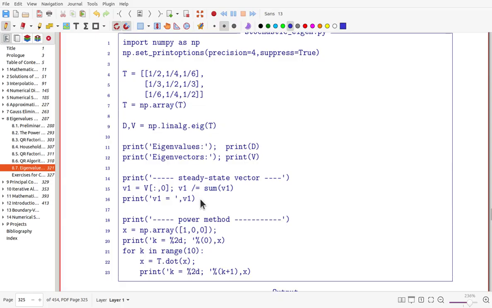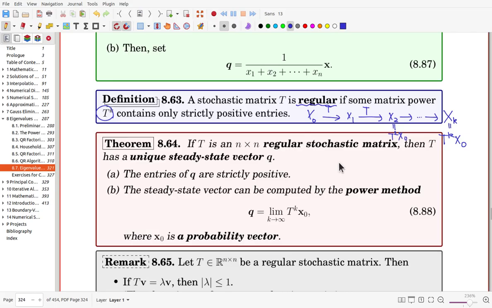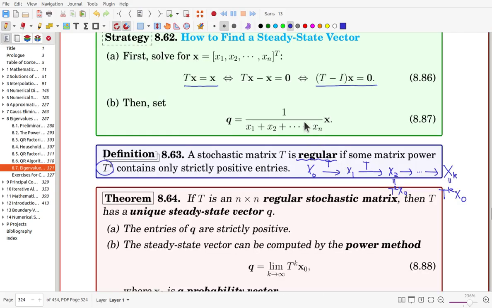And then for the first vector, we scale by dividing by the sum of the entries. We can finish the computation of the state vector, and we print it out, and that corresponds to this one. Okay.